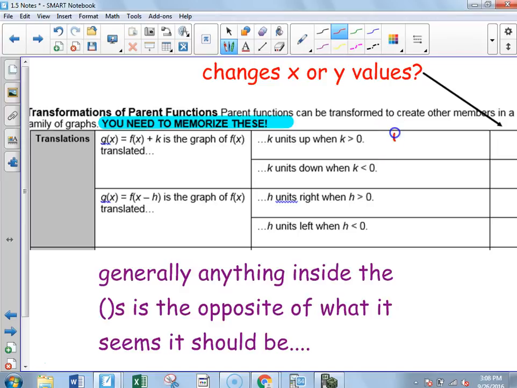If you had something like y equals x squared plus 5, what would that do? Up 5. So when you add onto the back of the parent function, y equals x squared became y equals x squared plus 5. This is a shift up 5 units. It is a vertical shift. And that means it is changing y values.